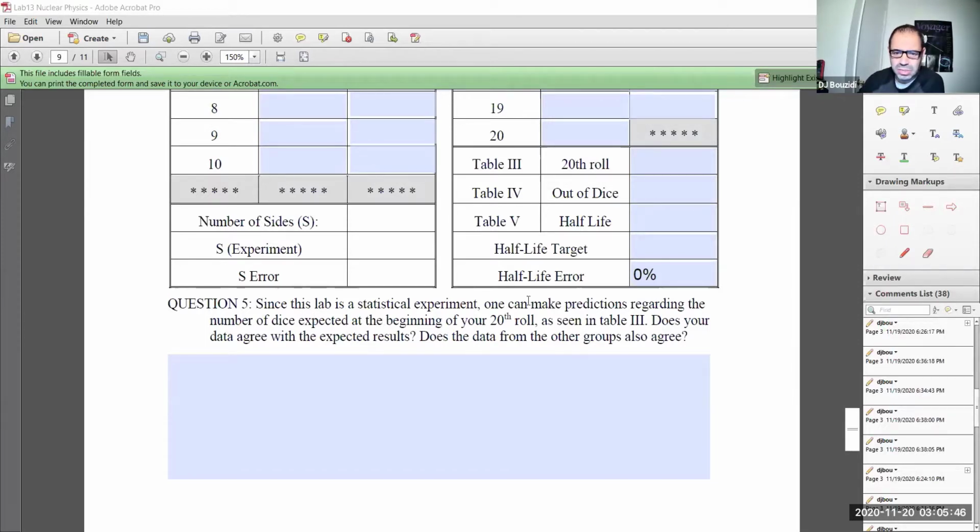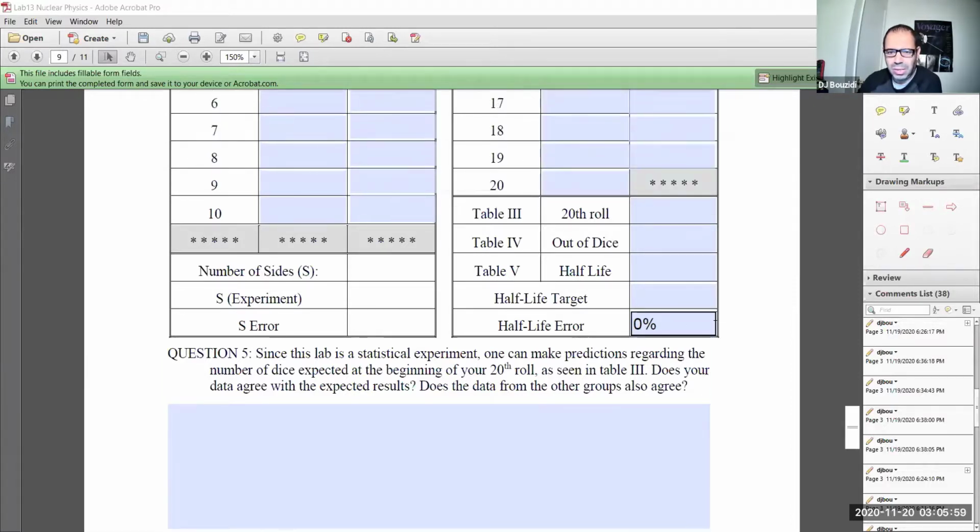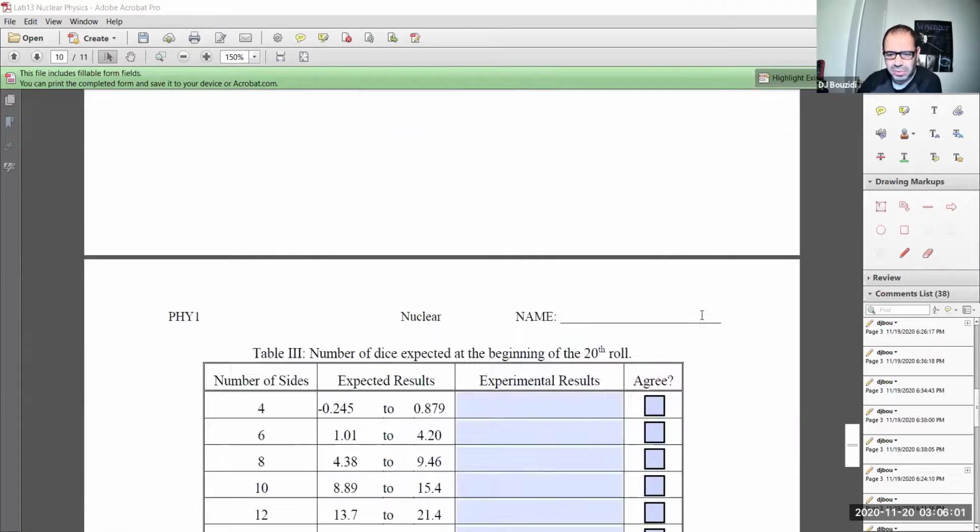Since this lab is a statistical experiment, one can make predictions regarding the number of dice expected at the beginning of your 20th roll, as seen in table 3. Does your data agree? Okay, so let's look at table 3.